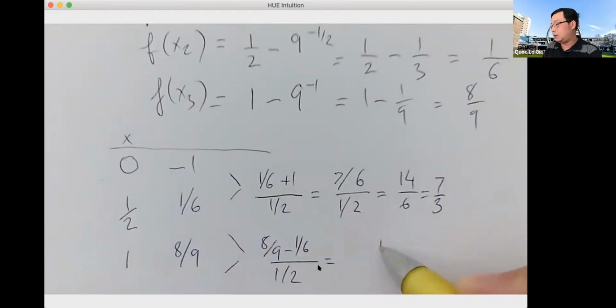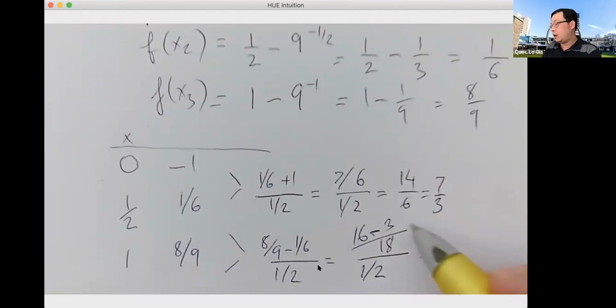So I got 18 here, and so I got 16 minus, so multiply by 3, so minus 3, divided by 1/2. So become 13 over 18, and multiply by 2, so 13 over 9.